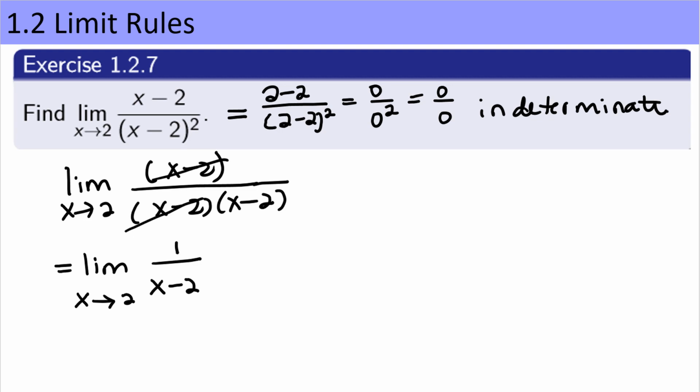That's still a rational function, so let's evaluate. It'll be 1 over 2 minus 2, 1 over 0. If there is a non-zero number in the numerator and 0 in the denominator, we conclude that this limit does not exist because the 0 in the denominator is undefined.